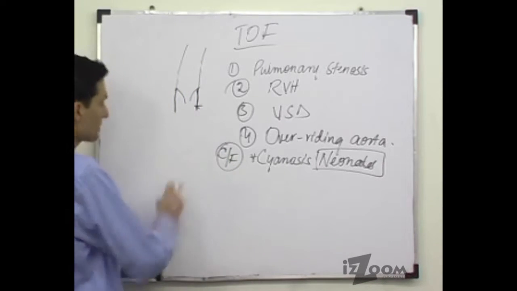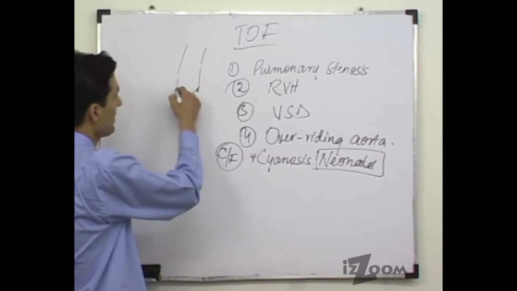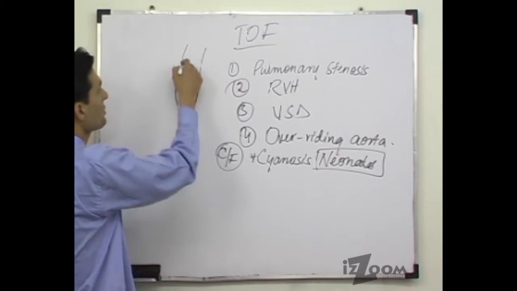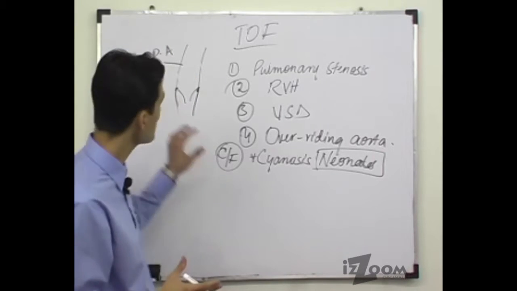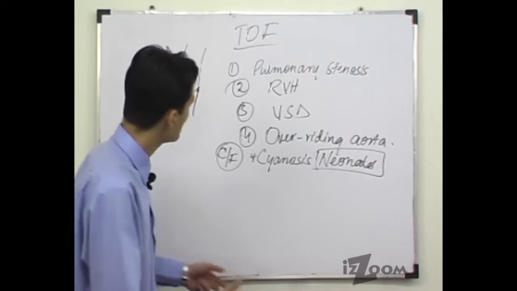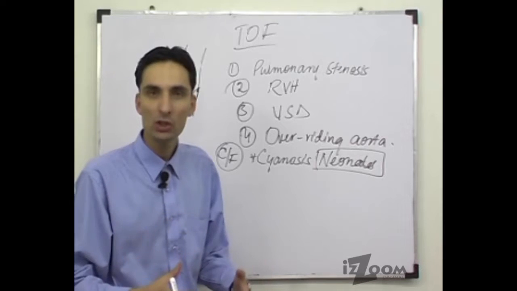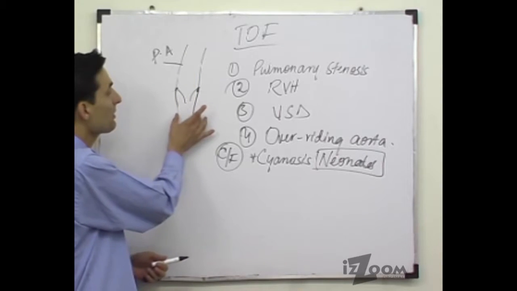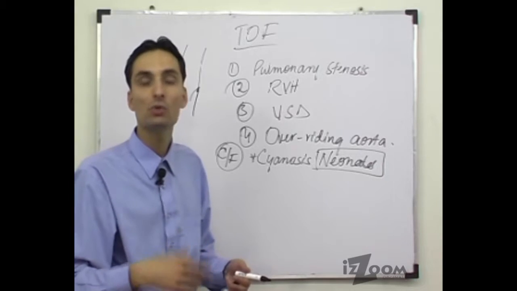The right ventricular outflow obstruction, that is the infundibular stenosis of the pulmonary artery, is dynamic. By dynamic, I mean that on sudden adrenergic stimulation, this infundibulum of the pulmonary artery becomes more narrow and can lead to cyanosis.